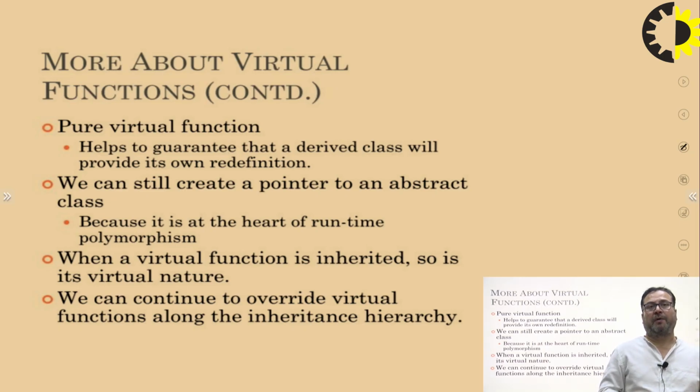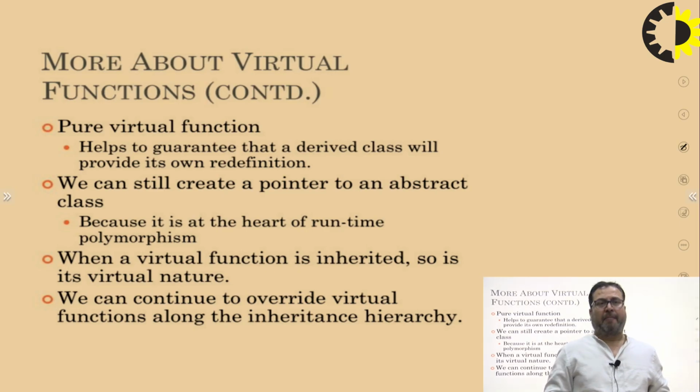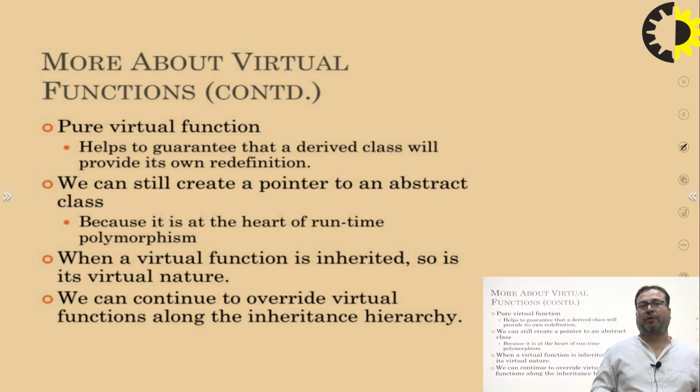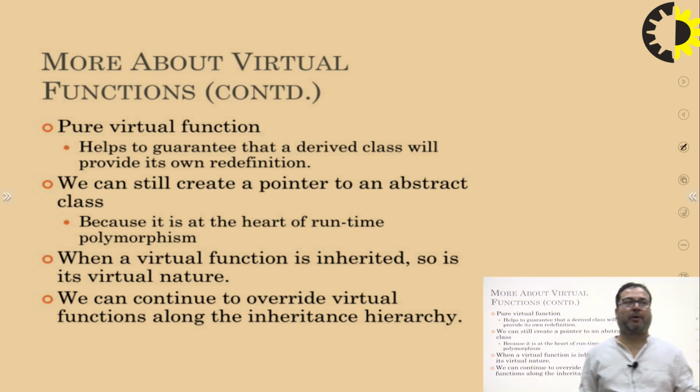Vice versa is not true. If you create a derived class pointer and want to point to a base class object, that is not possible. So that is all about this. Thank you.